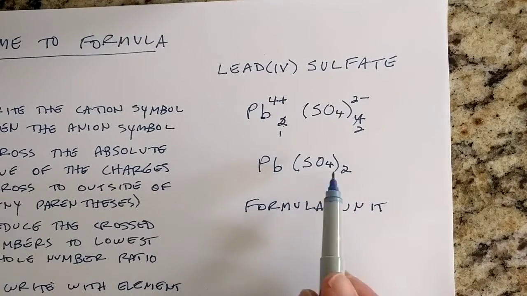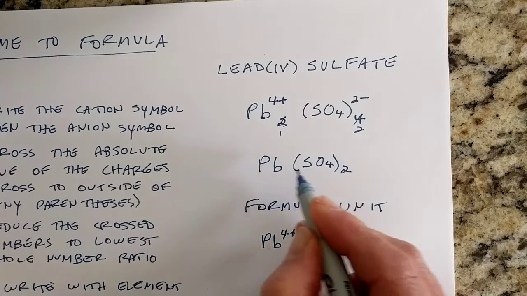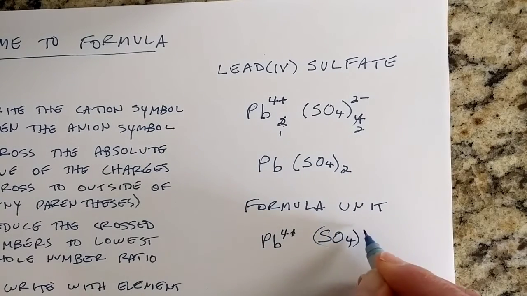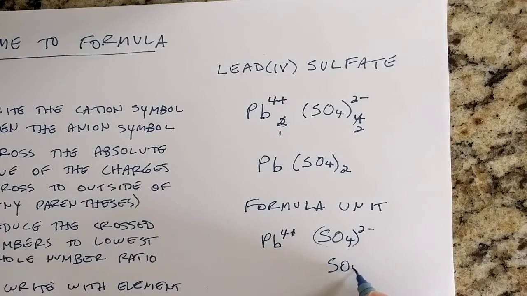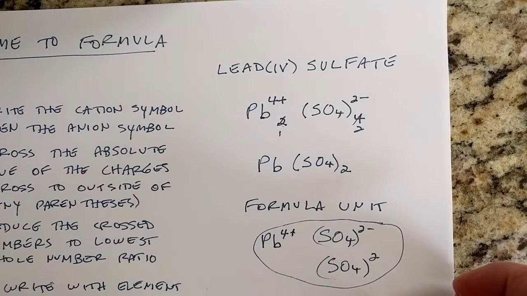And what this formula is telling us is that we have 1 Pb 4+ ion, and 2 SO4 2- ions. This is what we have in our formula unit: 1 lead ion with a 4+ charge, 2 sulfate polyatomic ions, each with a 2- charge.